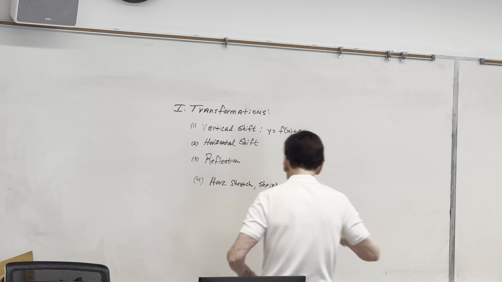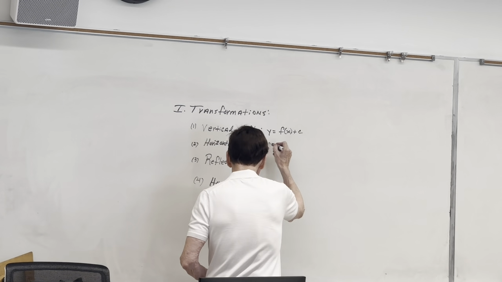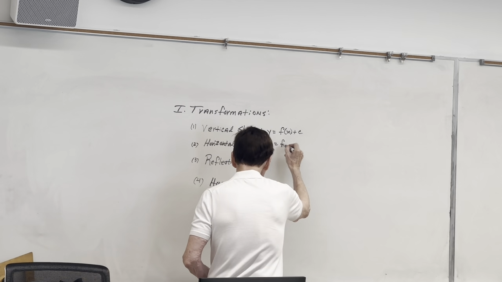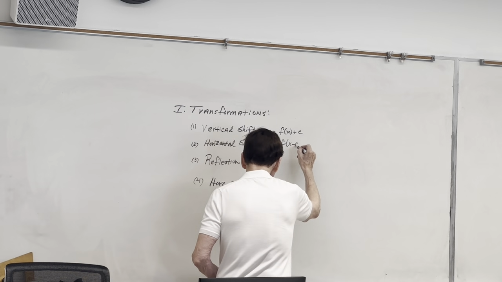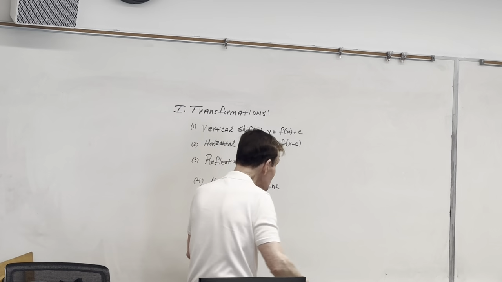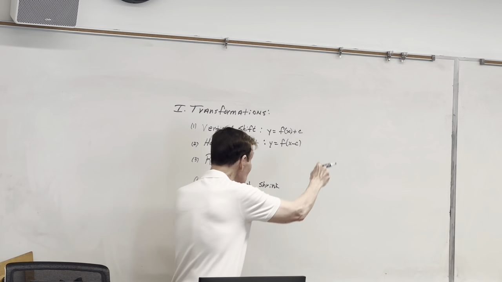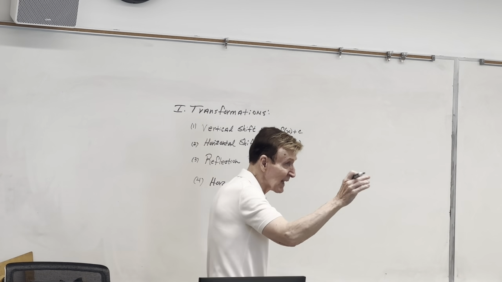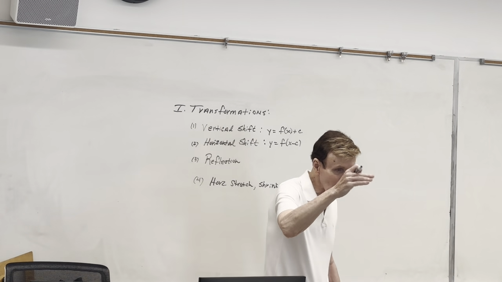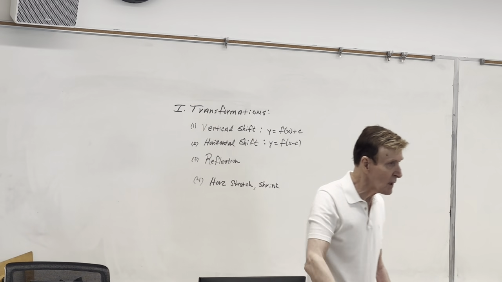Horizontal shift, a little tricky at times. All right, like this. If I see it listed as f of x minus c. Now the c's inside, not on the outside like the vertical shift. What would that x minus c indicate for you to do on a graph?